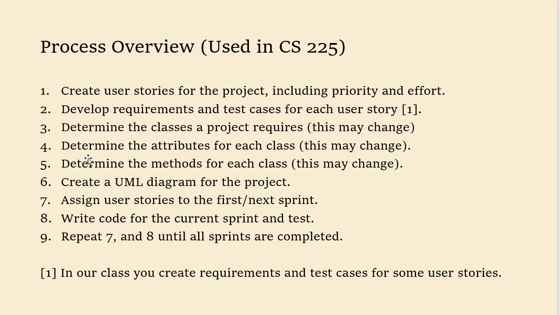Your code already exists. It's encapsulated in these objects, so modifying one object hopefully will not change another. If it does, it only changes the object that it's directly related to, so you don't have to run all over your code figuring out what needs to change. And you can focus on that one user story, get that one done.